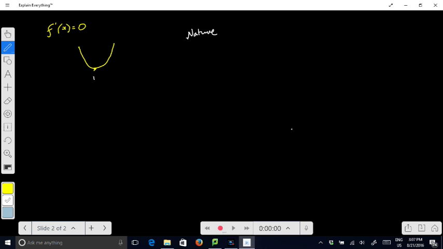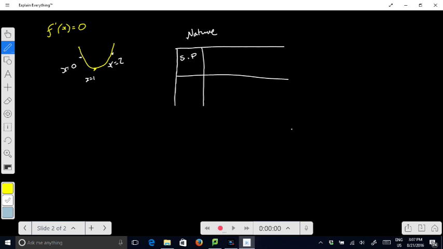Let's say that occurs at x equals 1. I can look at the point x equals 0 and one above it, x equals 2. I can develop what's called a nature table. So the stationary point, what is it? We look at the slope immediately before and after, so at 0 and 2.